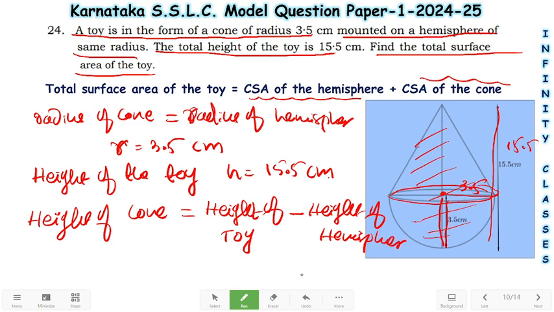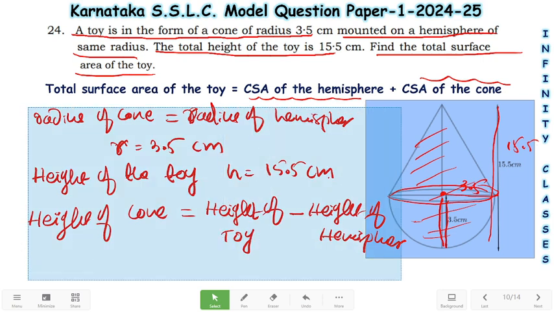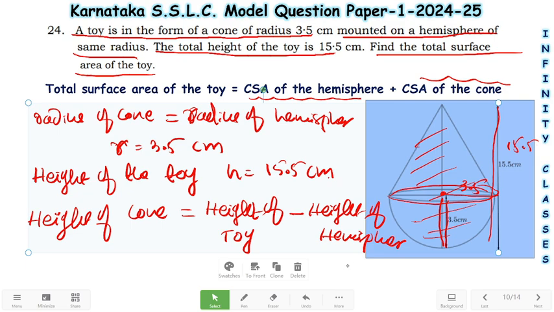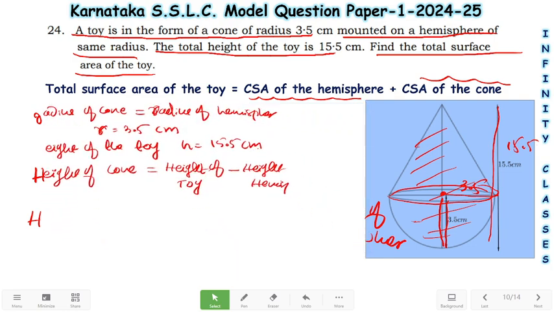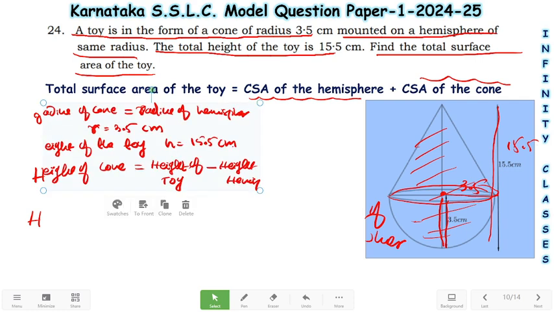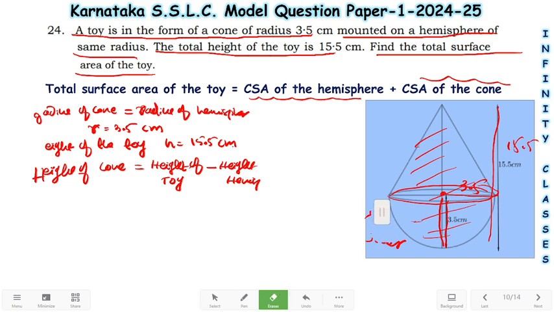We have to find the height of the cone by subtracting the height of the hemisphere from the height of the toy.